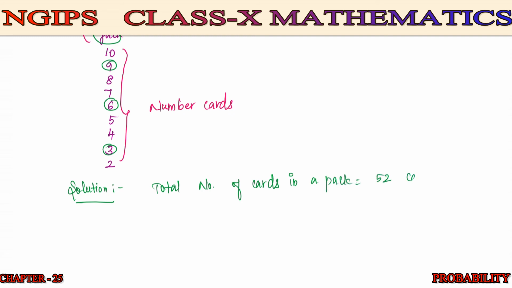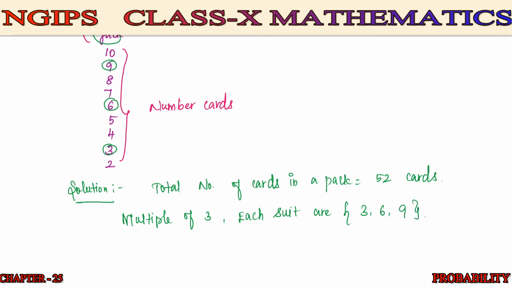In this, multiples of 3 are removed. Multiples of 3 in each suit are, the numbers here we have 3, 6 and 9.